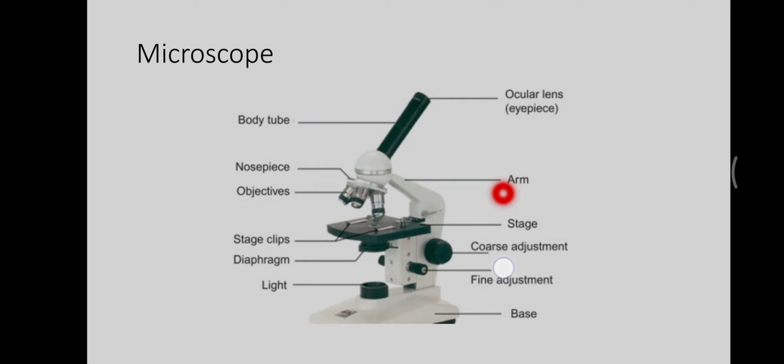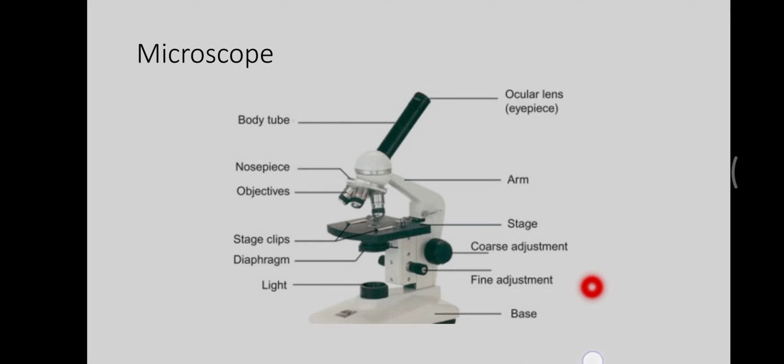We use the arm to hold the microscope when we have to move it from one place to another. This is the stage, at which the specimen slide is placed. This is the coarse and fine adjustments. Basically, these are known as focus knobs and they are turned to get a sharp and clear image.